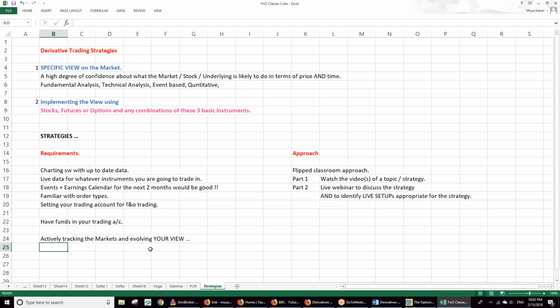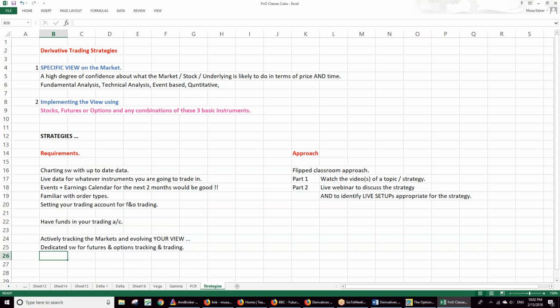Dedicated software for futures and options tracking and trading, right? So generally something like you have option strategy softwares nowadays available on more and more of the trading platforms.